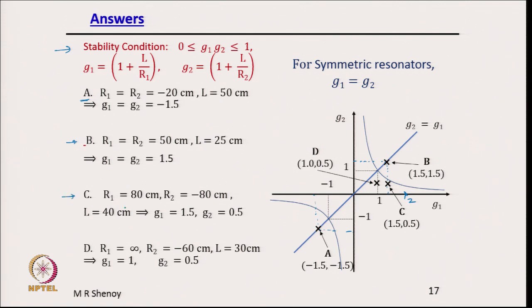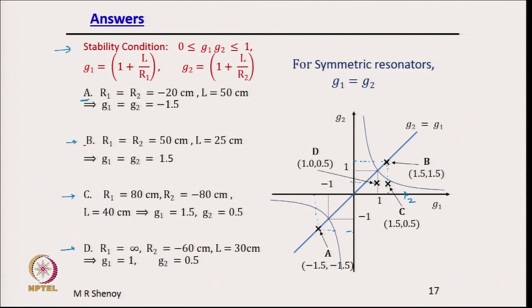Now, we come to C, R1 is 80 centimeter, R2 is minus 80 centimeter. If you calculate G1 and G2, G1 is 1.5, G2 is 0.5. And if we plot, we see that G1 is 1.5 and G2 is 0.5, because this is 1, therefore 0.5 is here, and this is the point.